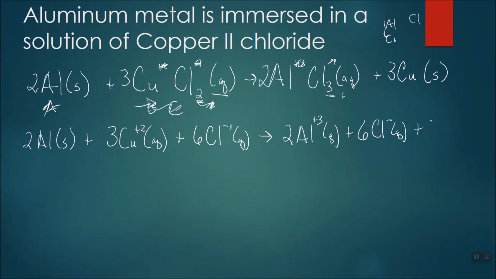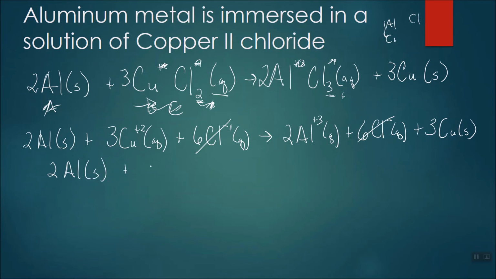And anything that is solid remains solid. So, in a double replacement reaction, usually you have two sets of ions that are spectator ions. But in a single replacement reaction, you only have one, and that would be 6 chlorides. Okay, so your net ionic equation is only going to have what is left over.